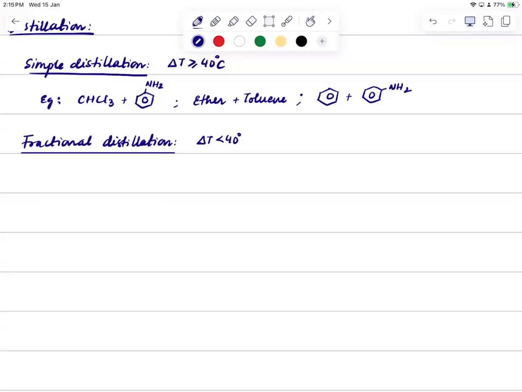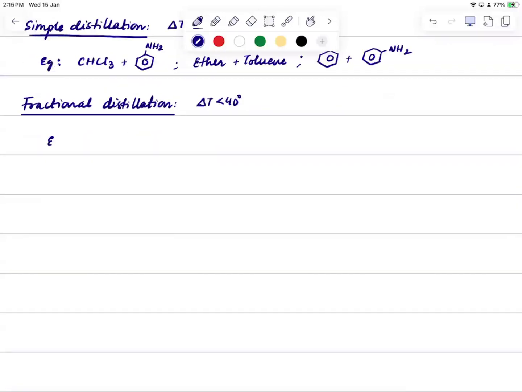Examples: acetone plus methyl alcohol, and benzene plus toluene can be separated this way.